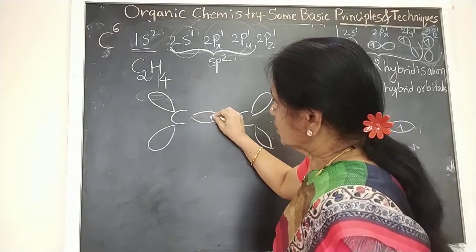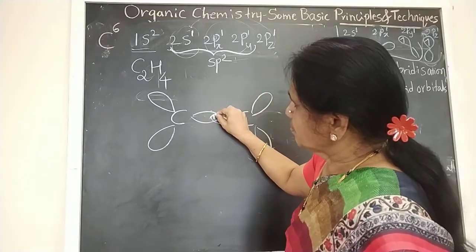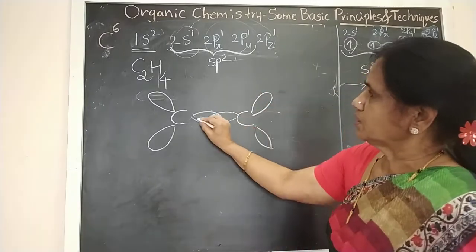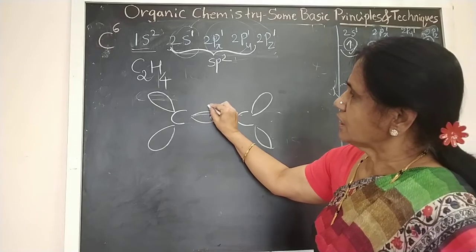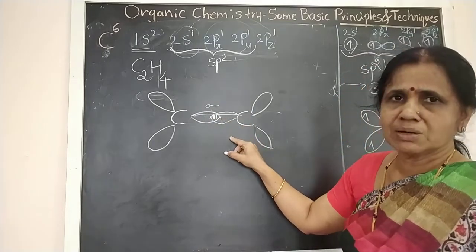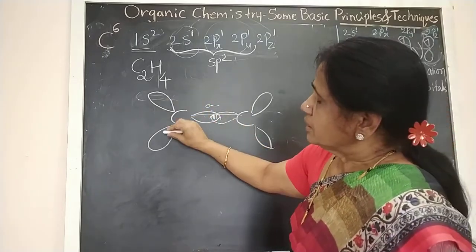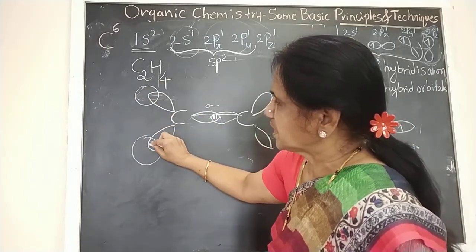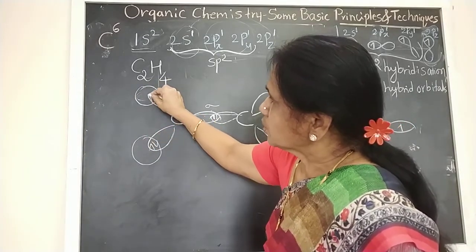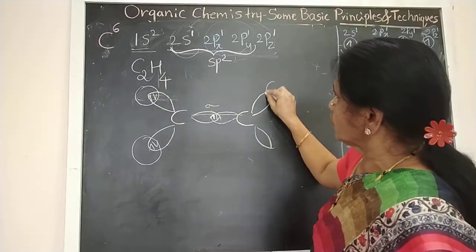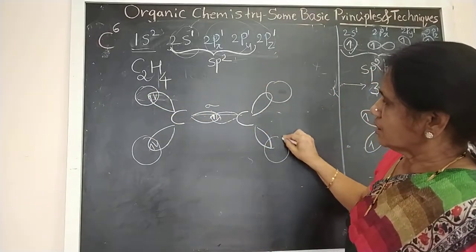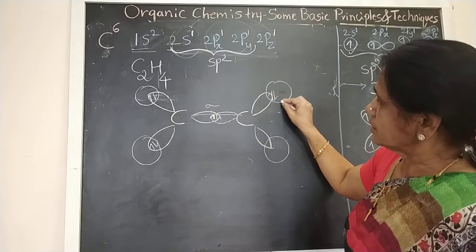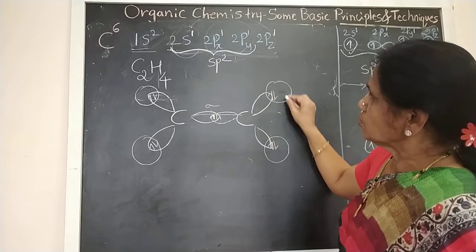So the electron of one carbon pairs with the electron of the other carbon to form a carbon-carbon single bond, that is a sigma bond. And the other hybrid orbitals overlap with hydrogen, each containing one electron, and the electrons of the hydrogen and the carbon pair up to give the bonds.